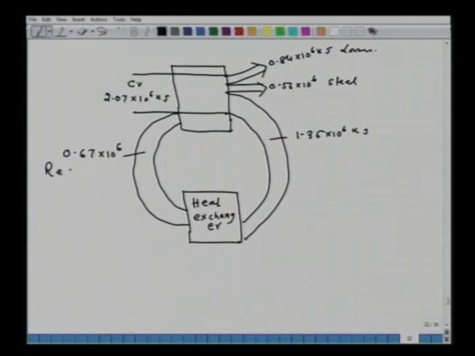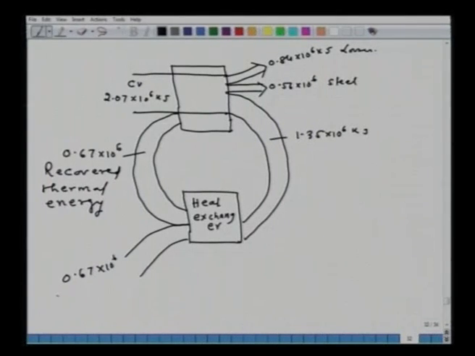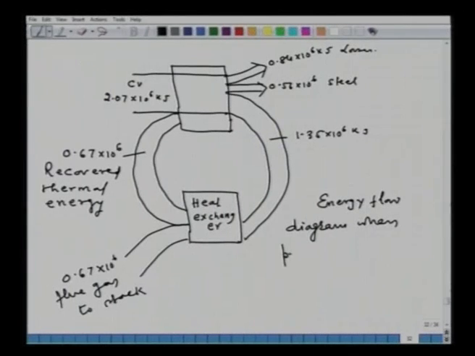This is the recovered thermal energy, and the rest, that is 0.67 into 10 to the power 6, is the flue gas to stack. Now, this is the energy flow diagram when the preheater is installed.